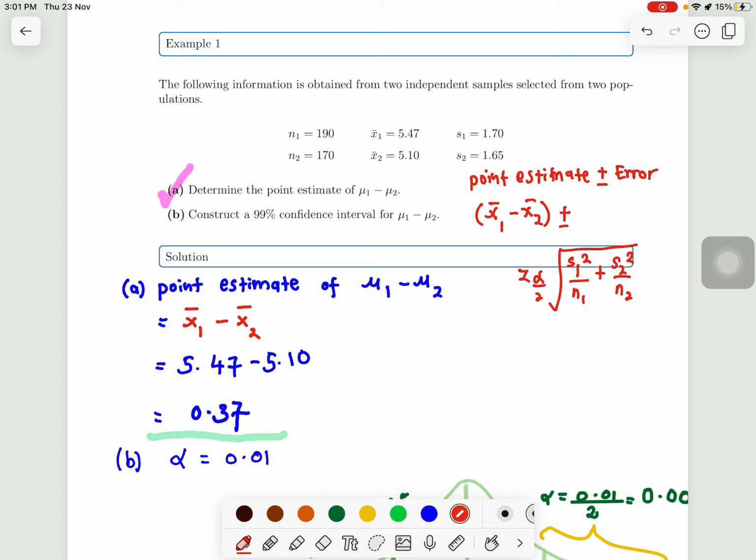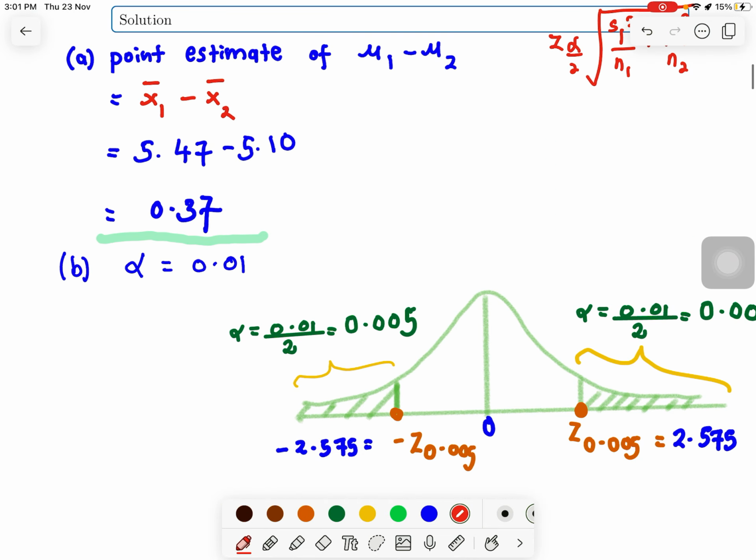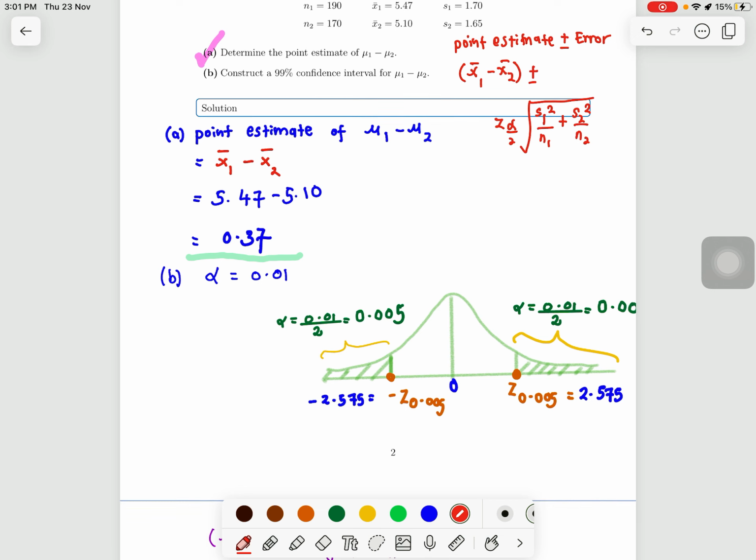Okay, so we just substitute the given information into the formula. So what is crucial is how to get the critical value.